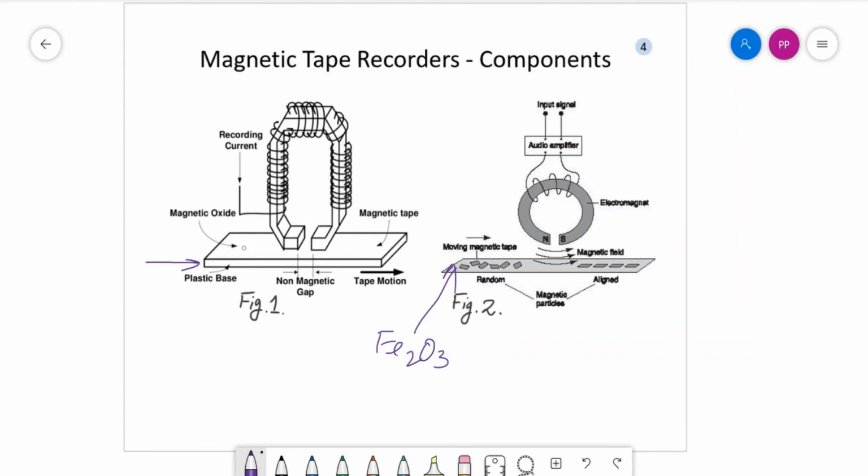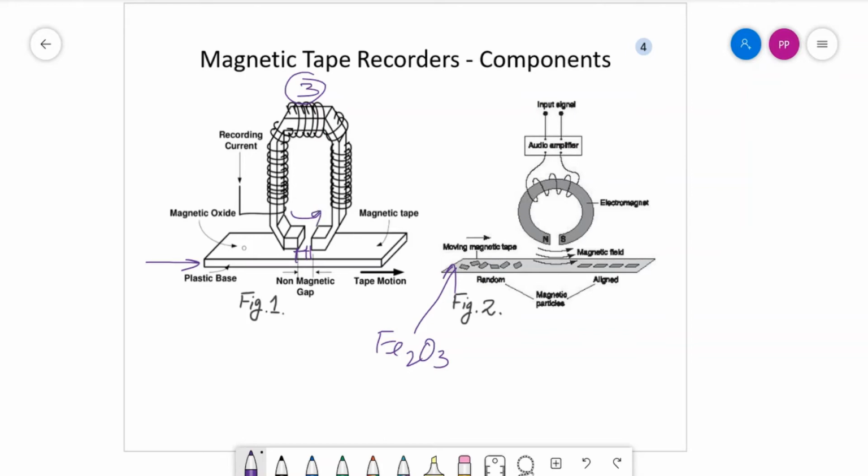So here you have the three heads. Then this portion is a gap in the magnetic flux path.